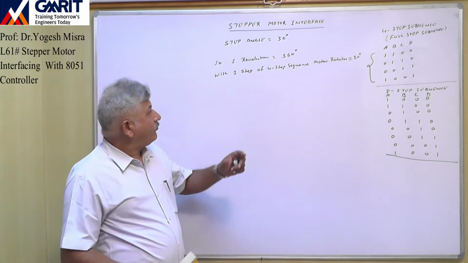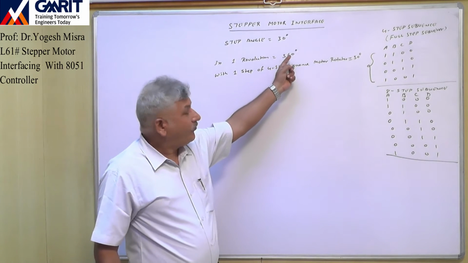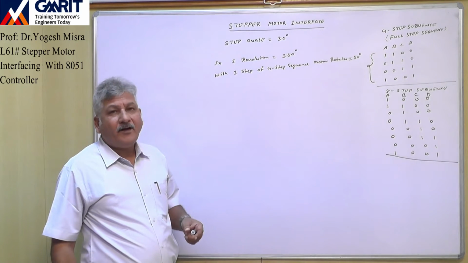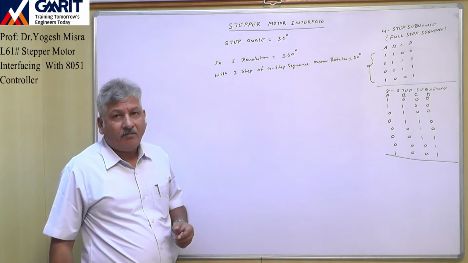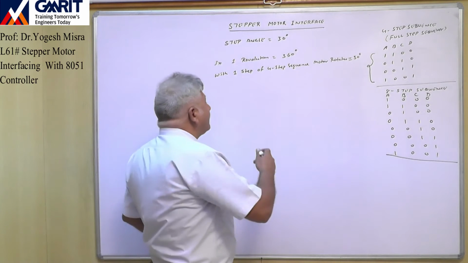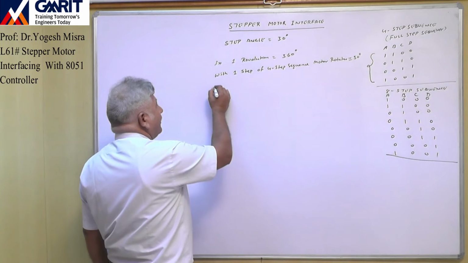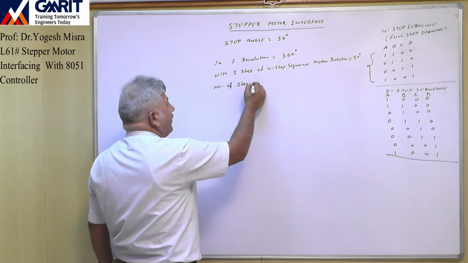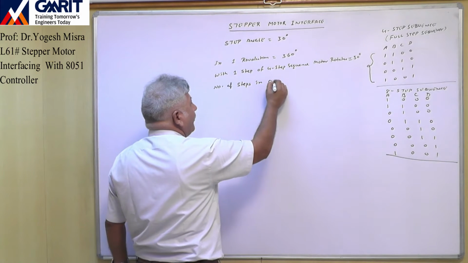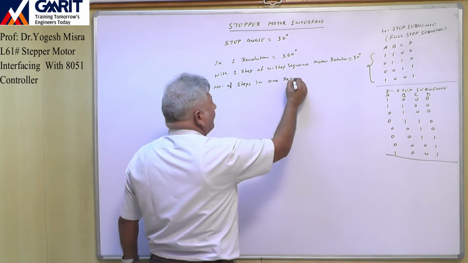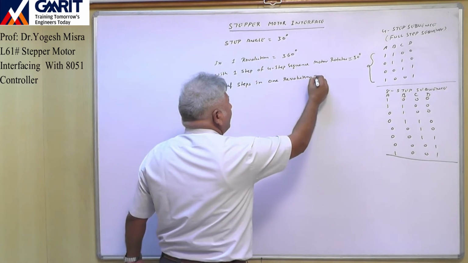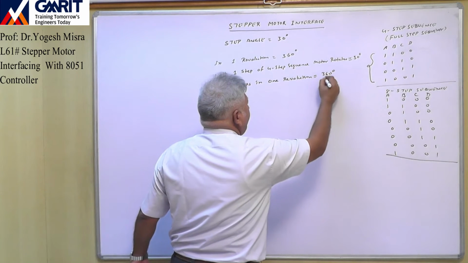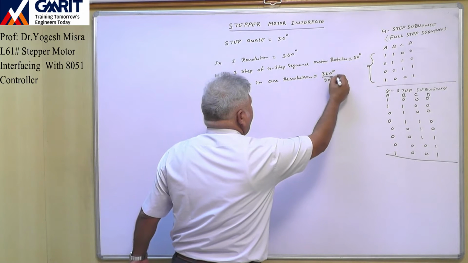So now to complete one revolution, how many steps are required? The number of steps in one revolution is equal to 360 degree divided by 30 degree.